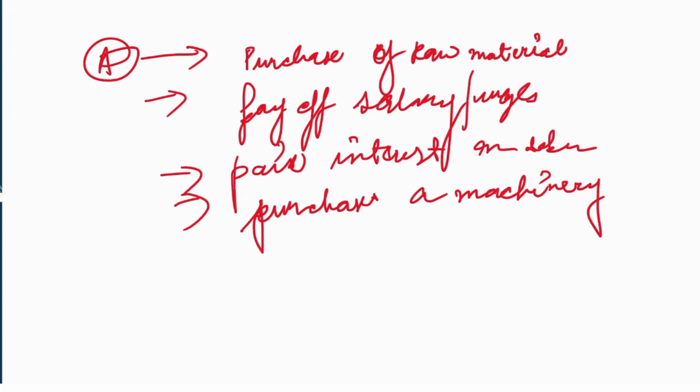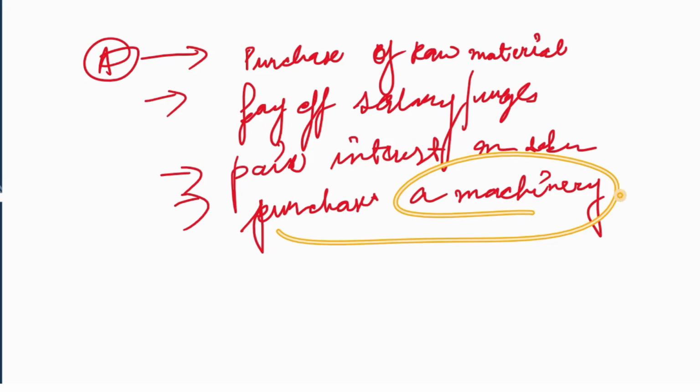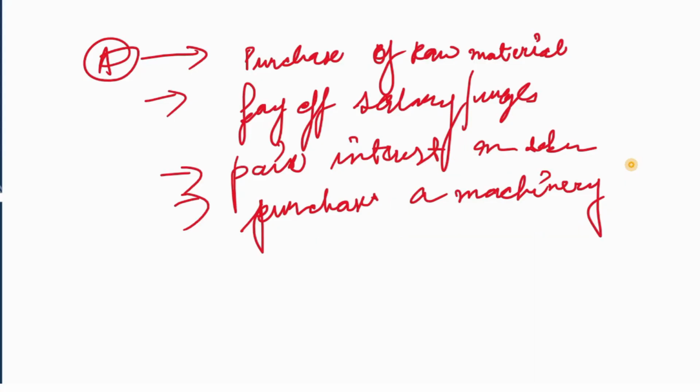You have purchased a machinery, that means you have paid cash, so these are your cash outflows. You have purchased raw material, again you have paid cash. Paying salary or wages is also another outflow of cash. Next, you have paid interest to the debenture holder, so this is also an outflow of cash.